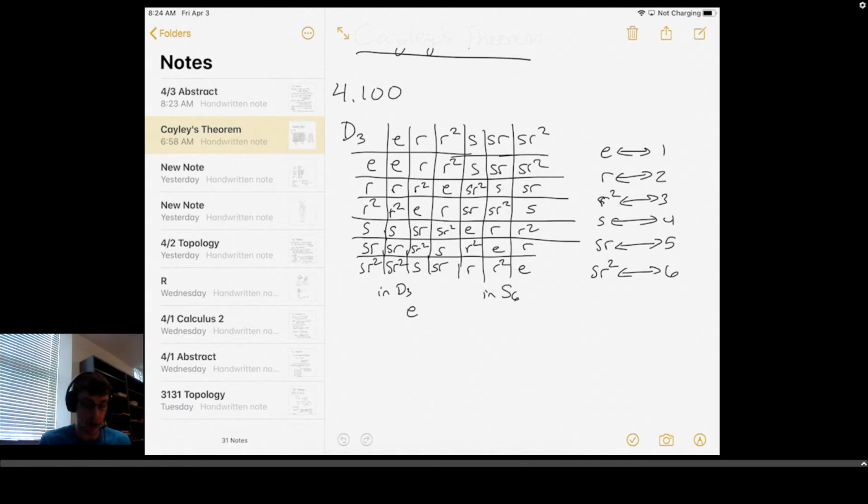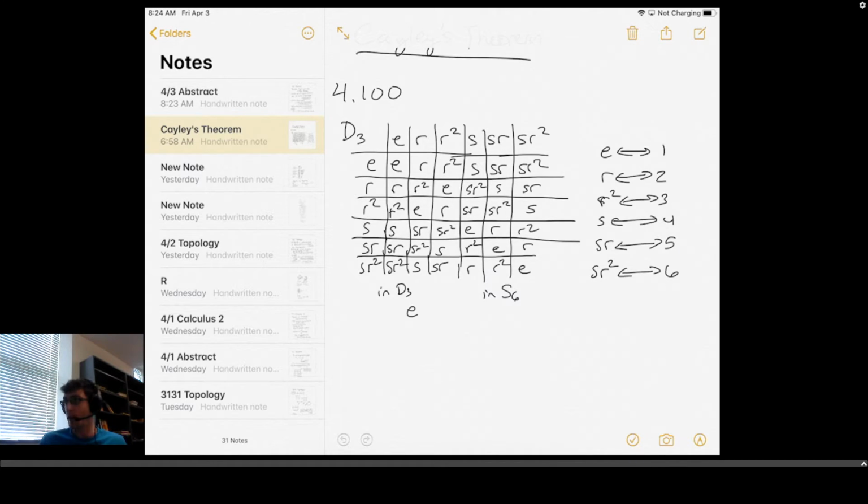We started with E, R, R squared, S, SR, SR squared, but after we did R, we reordered it to R, R squared, E, SR squared, S, SR. And so in that way, we are thinking of the elements as permutations on this set, in this case of order 6. So here we're viewing R as some element of S6.